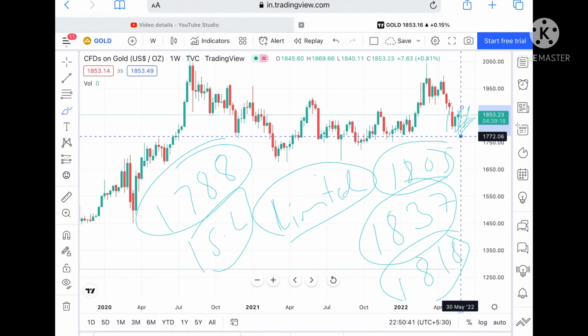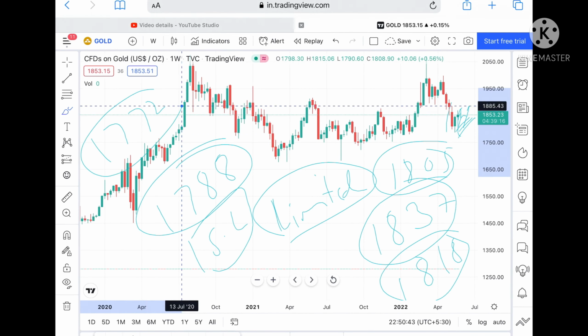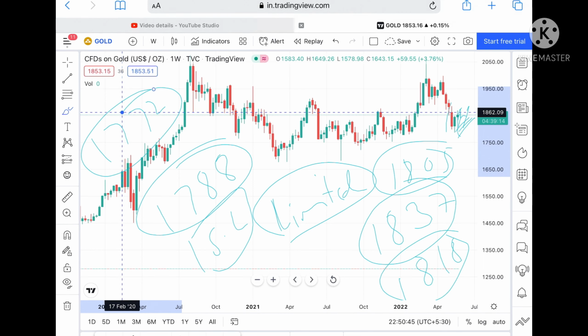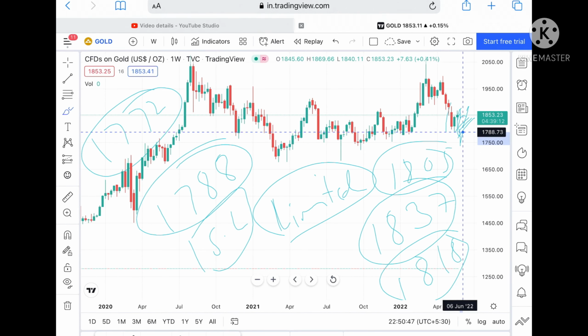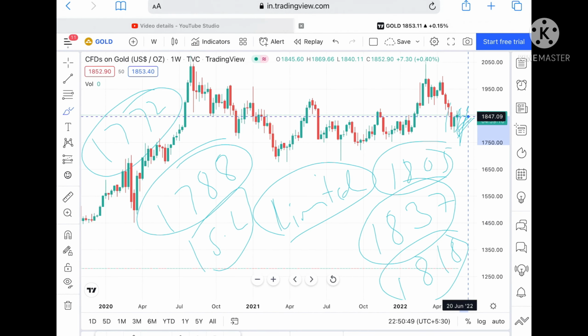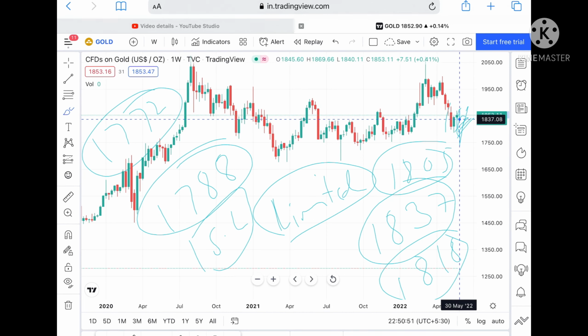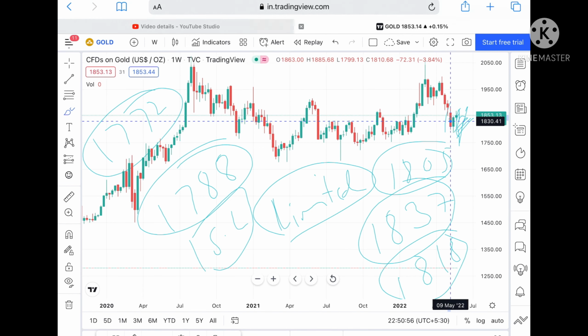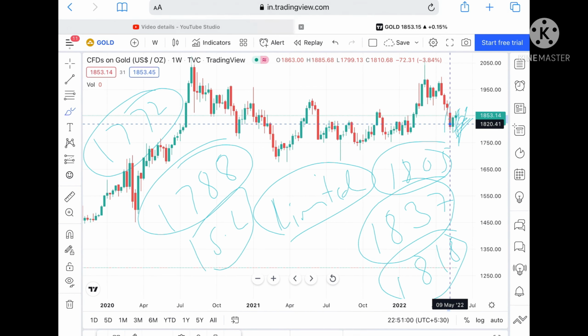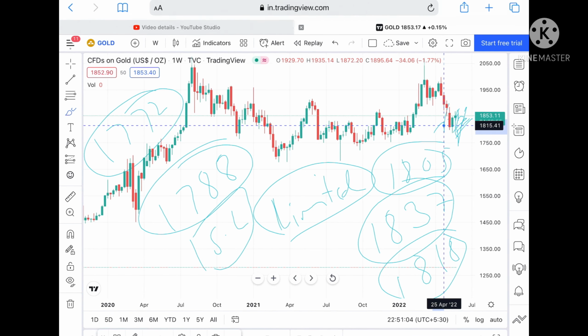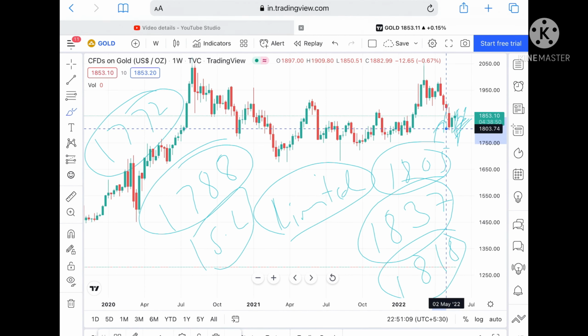If that level goes downside, we can see it can move further down towards a level of 1772. Again I repeat, if the price doesn't sustain this particular level of 1853, we can see it can touch a level of 1847, and if the price goes below that level, it can touch a level of 1835. If it goes below that, it can touch 1830. Once it goes below that level, it can touch 1820. If the price goes below that, it can touch 1815. If it goes below that level, it can touch 1800.